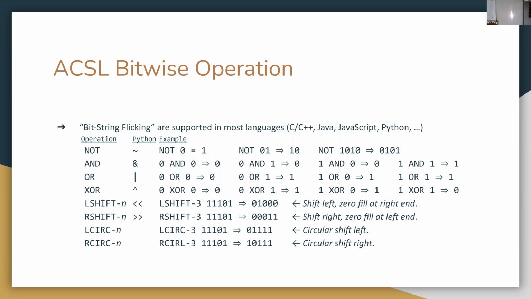Like in C, C++, you deal with integers. When we talk about bitwise operations, right, we're dealing with integers, and in C, C++, you can have 8-bit, 16-bit, 32-bit, 64-bit integers.